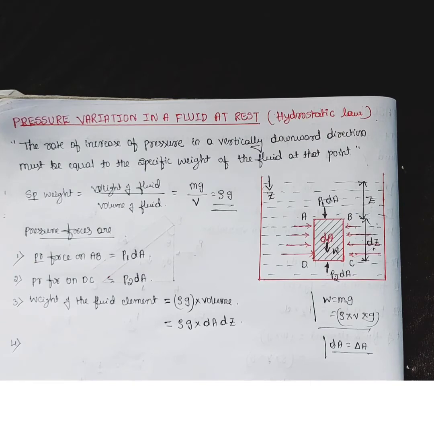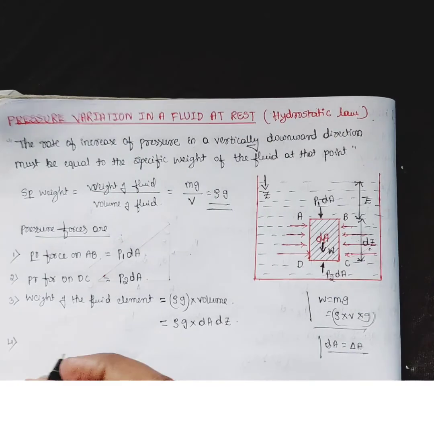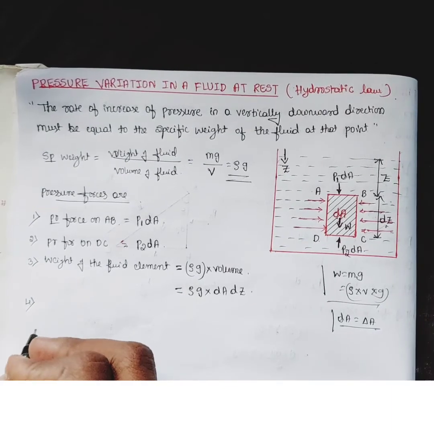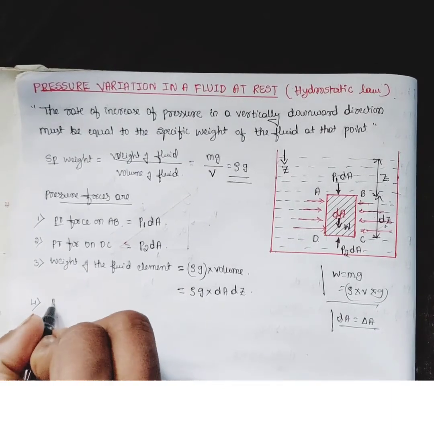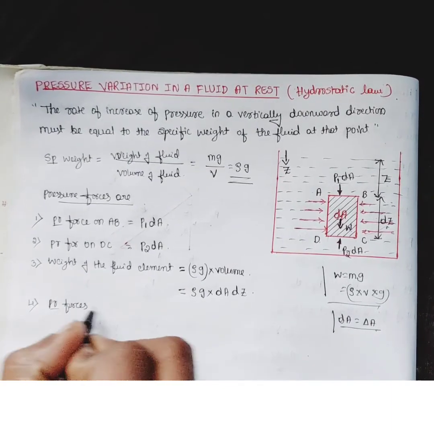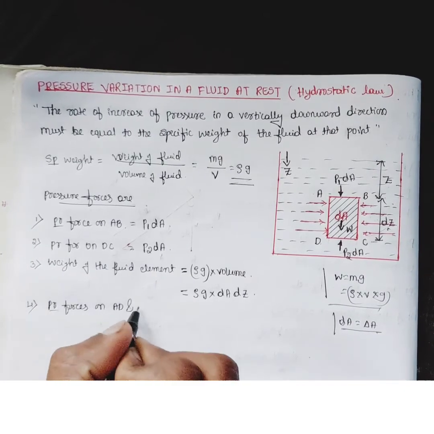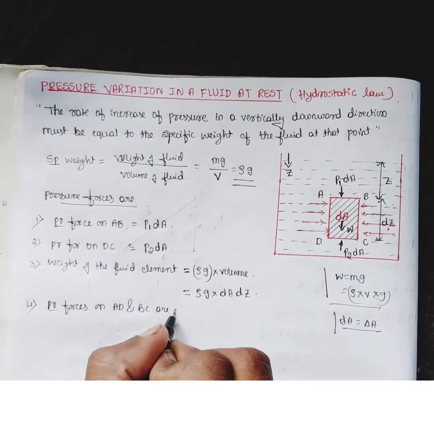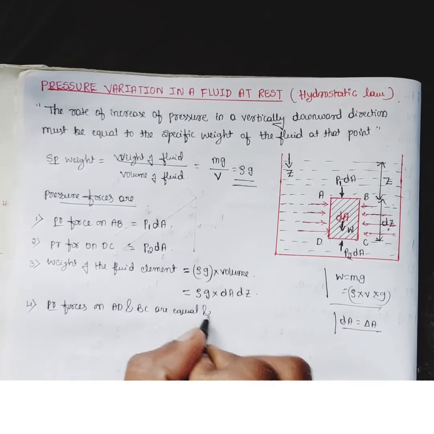Hence they cancel each other, so for equilibrium purposes they do not contribute anything, and we are not going to consider that effect. In a statement, we say that the pressure forces on AD and BC are equal and opposite to each other.